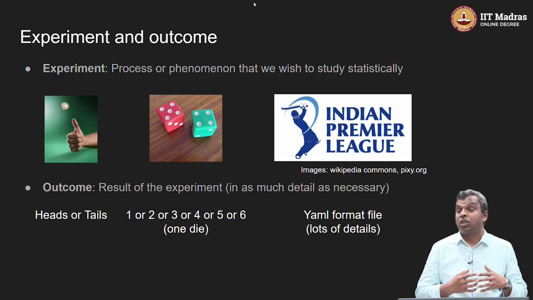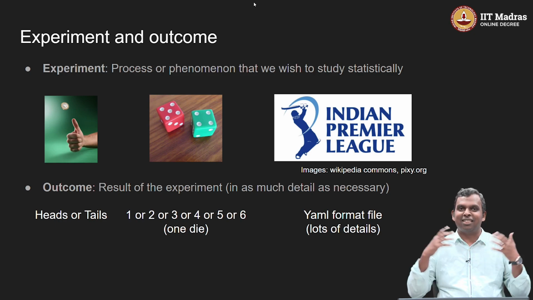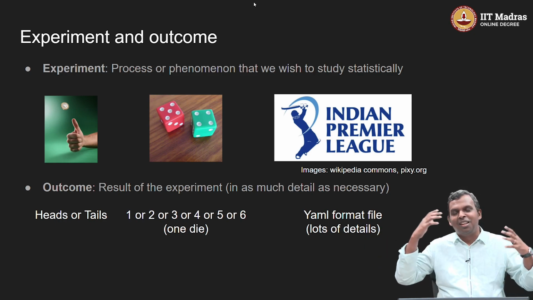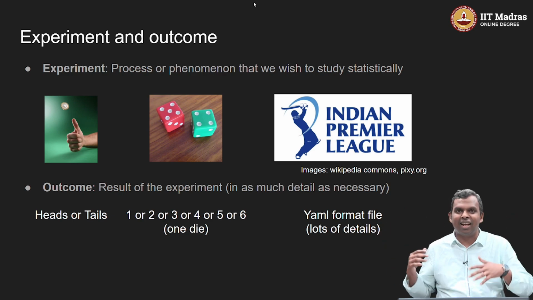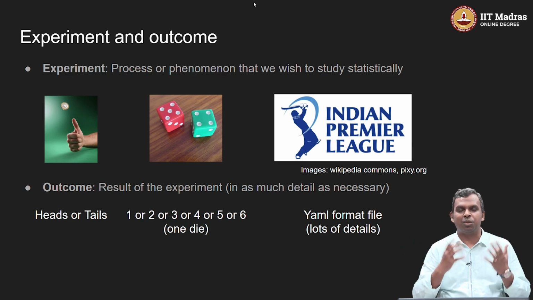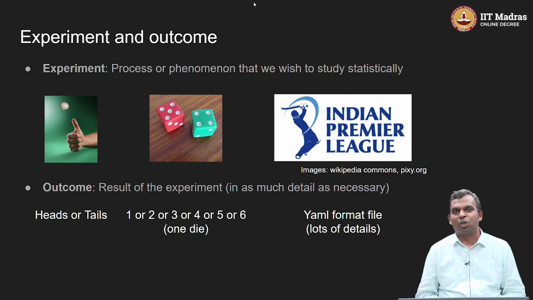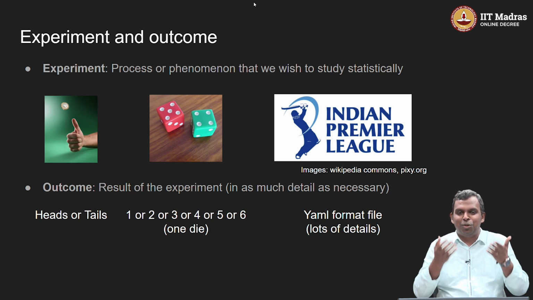For instance, you're studying rainfall. You want to see statistically how the rainfall pattern is. What is the experiment? Who is doing the experiment? It's like nature is doing the experiment. There's this big system of clouds and wind and sunlight and oceans and all these things together that create the rainfall situations that happen in India, and then you study it, and the outcome you measure.